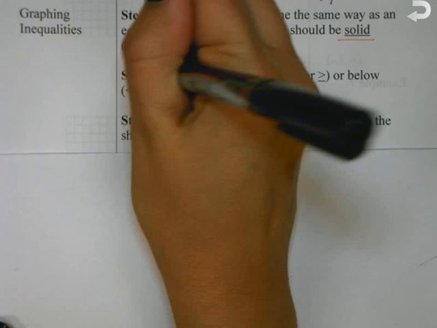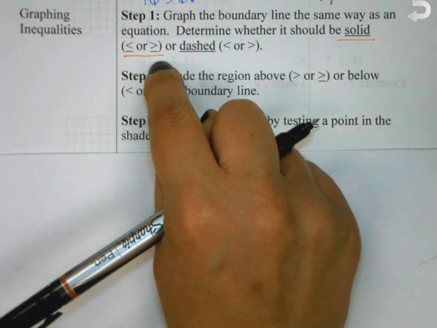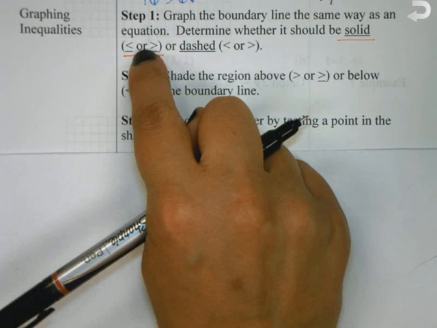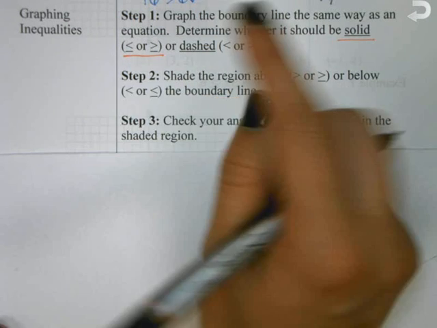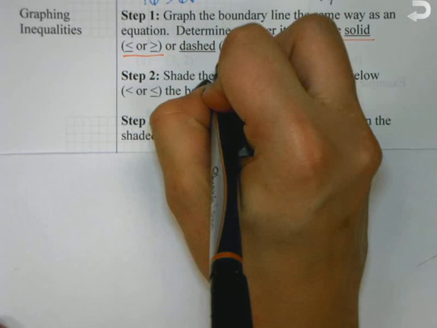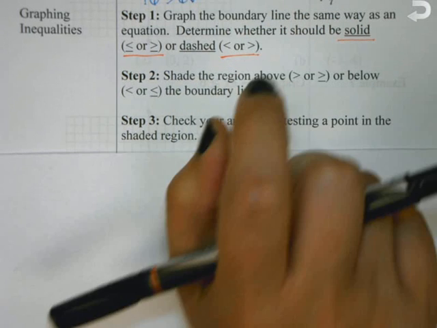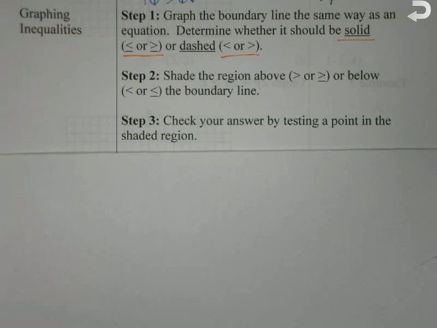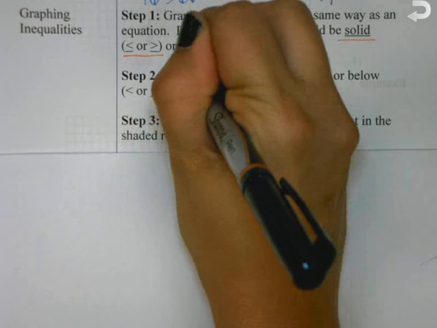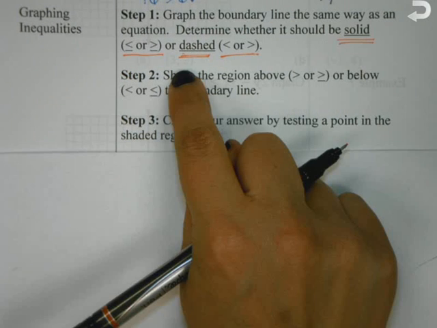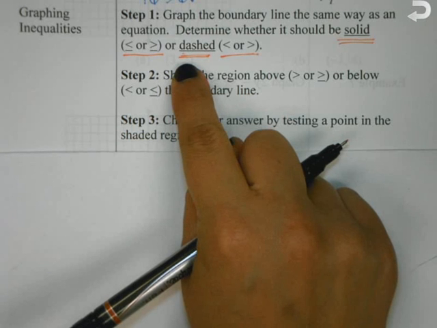If we don't have the equal to underneath, so we just have greater than or less than, we can't actually touch that line. We make the line dashed so that we know that you can't actually pick a point that's on the line. Okay, and we will do that in an example so you know what I mean.